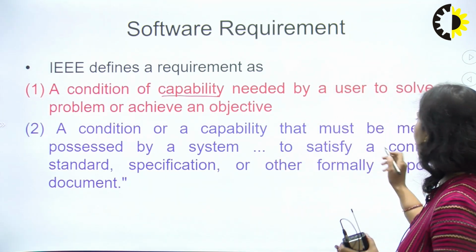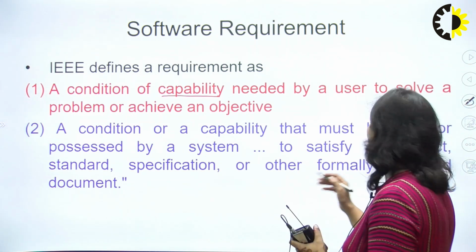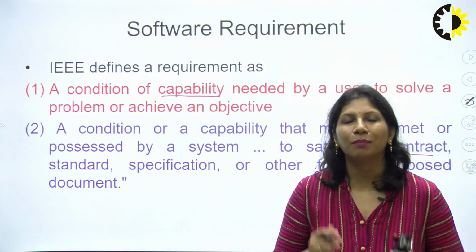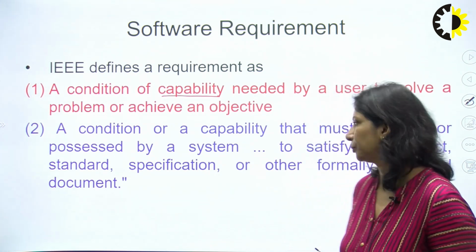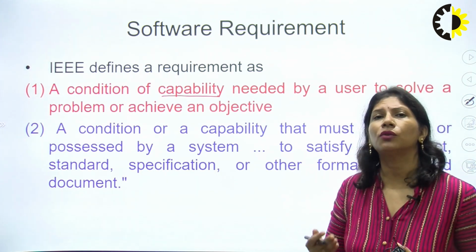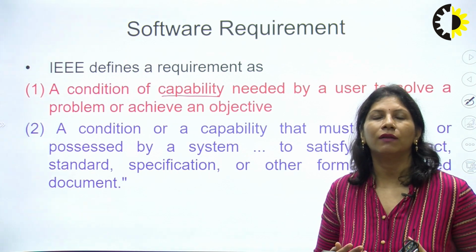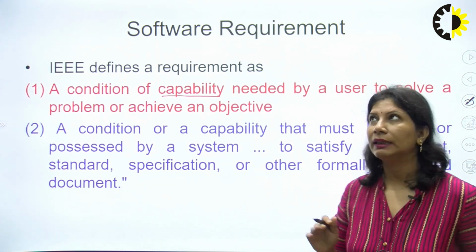So it is to satisfy a contract or specification or other formally imposed document. The requirements basically specify the needs of the user, because without identifying what the user actually wants, a developer cannot develop any kind of system without understanding the needs of the user clearly.